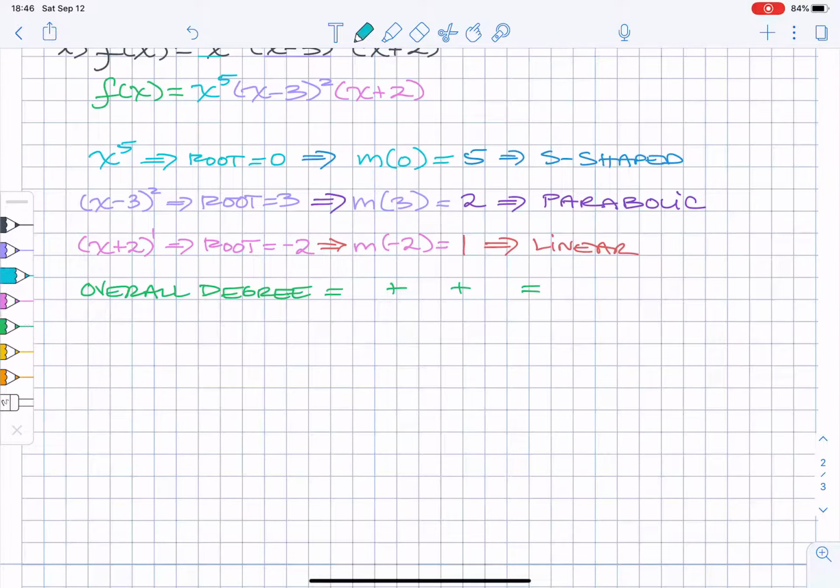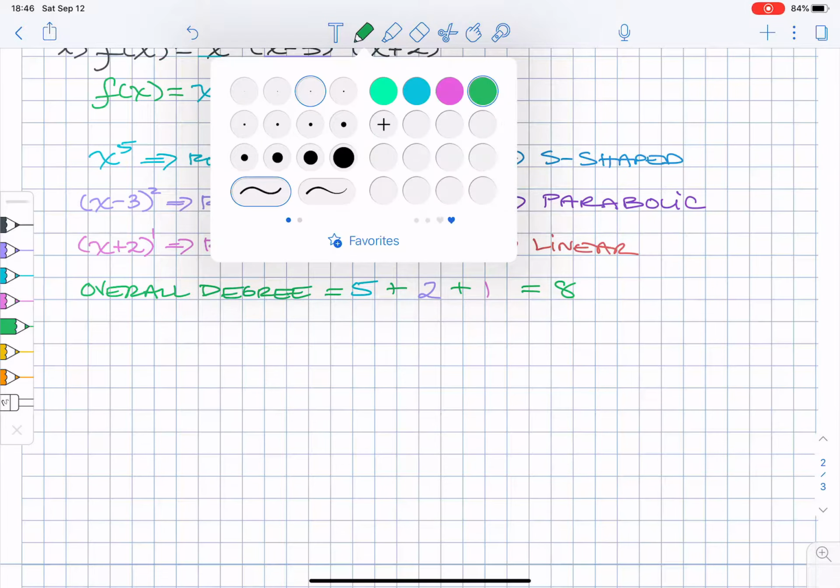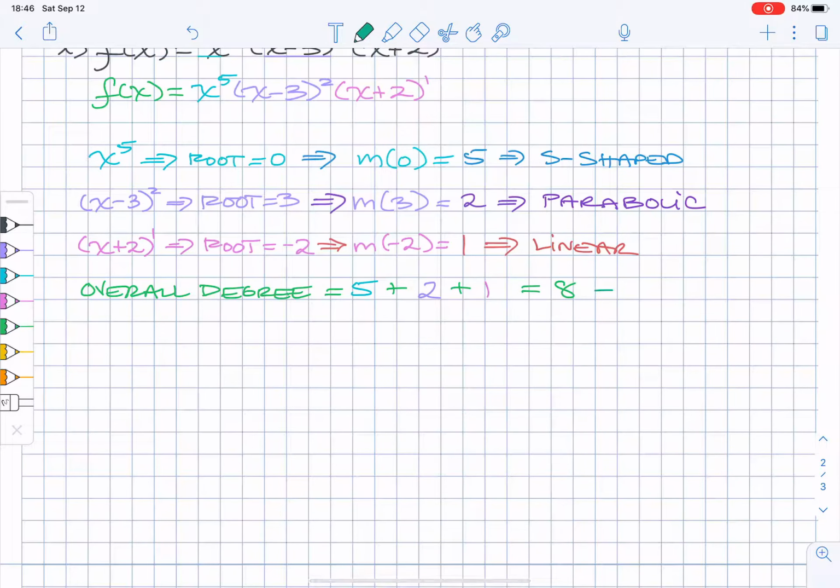So we have a multiplicity of 5 on the first factor, a multiplicity of 2 on the second factor, and a multiplicity of 1 on the third factor. So overall, we have a degree of 8, which is parabolic, right? So this is going to be end behavior parabolic.